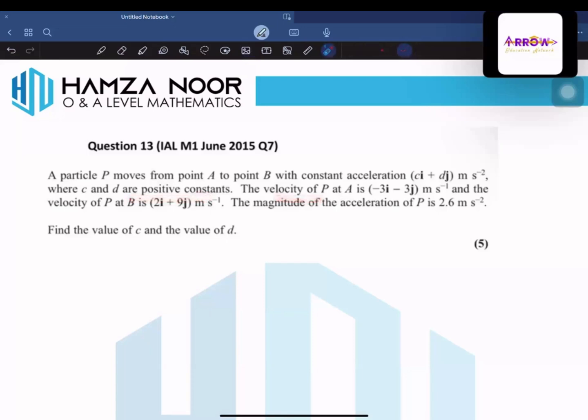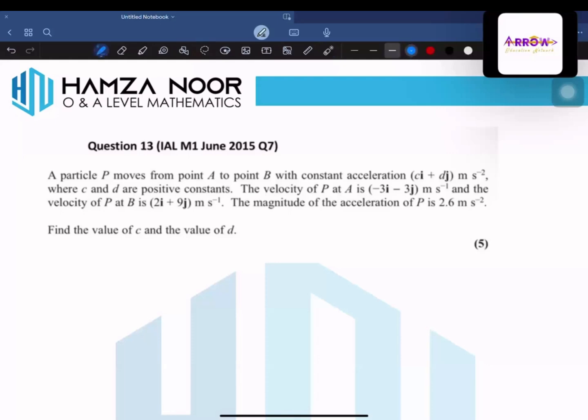The velocity of particle P at point A is minus 3i minus 3j meter per second, and the velocity of the particle at point B is 2i plus 9j meter per second. The magnitude of the acceleration of the particle is 2.6 meter per second square. Find the value of c and the value of d.